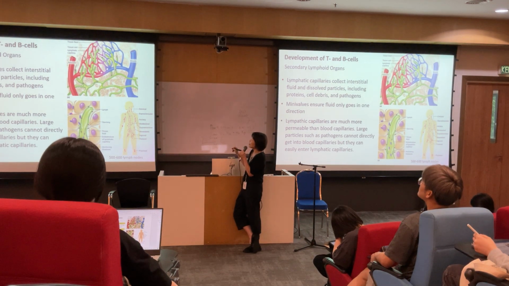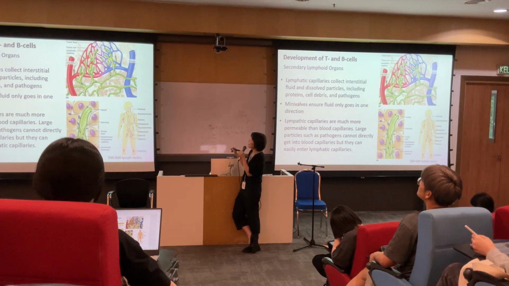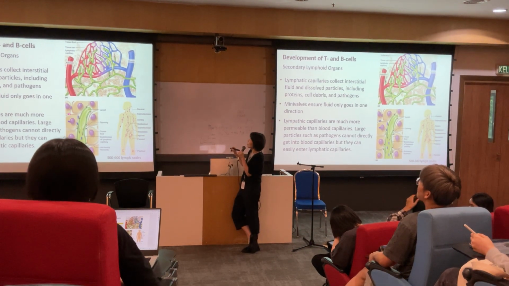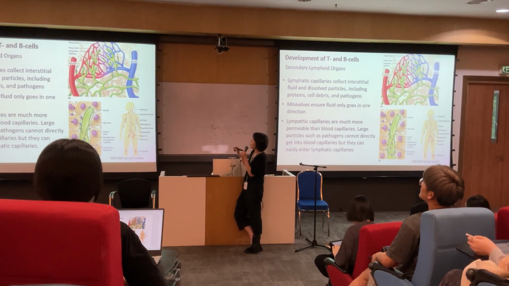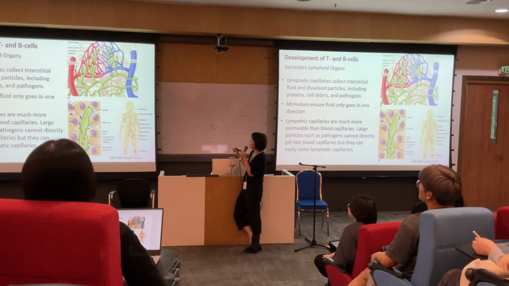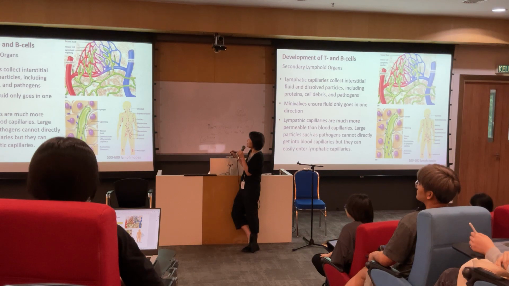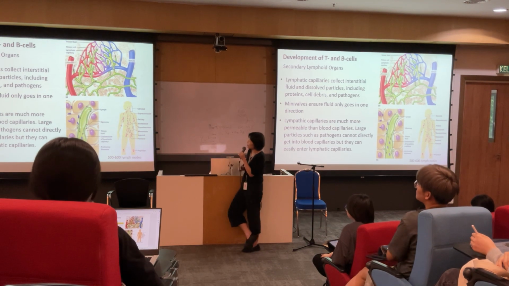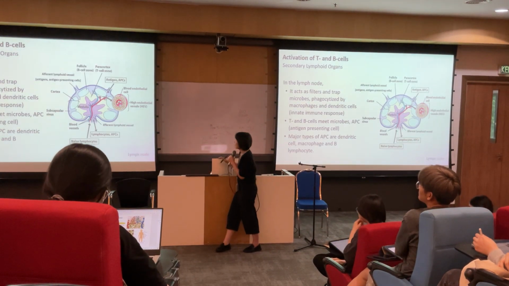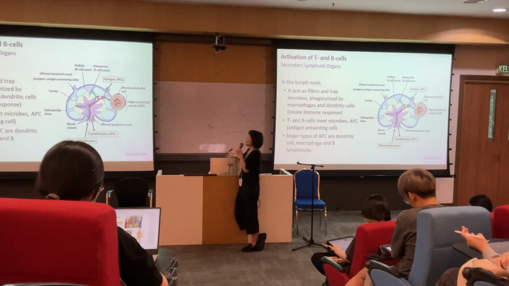Also there are cells, let's say macrophages, because there is infection in the tissue. So not only the bacteria, but those macrophages that engulf the bacteria also go into the lymphatic vessel and are brought into the lymph node. So here we go.